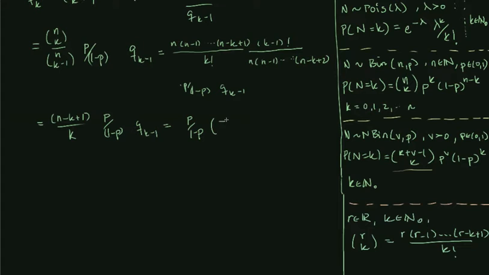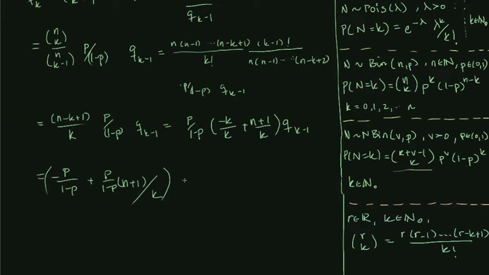I can write that as minus k divided by k plus n plus 1 divided by k. So I split up this fraction. And this gives me minus 1 multiplied by p divided by 1 minus p, and then plus p divided by 1 minus p multiplied by n plus 1, all of this divided by k.